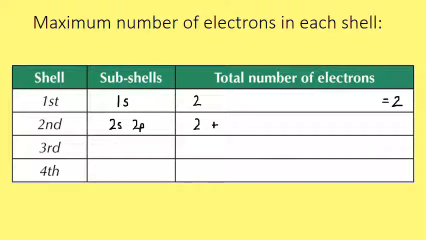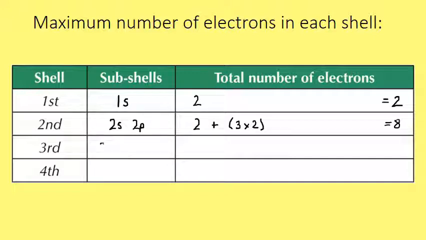And we've also got 3 p orbitals and 2 electrons in each p orbital. So that's 8, and we're also familiar with 8 electrons being the maximum number that we can fit into the second shell.